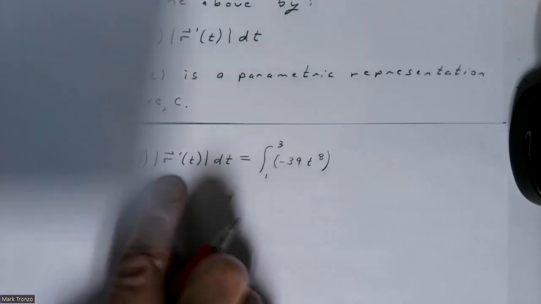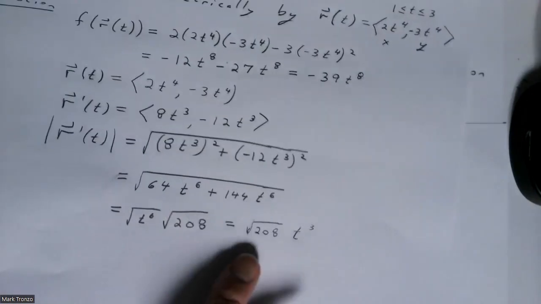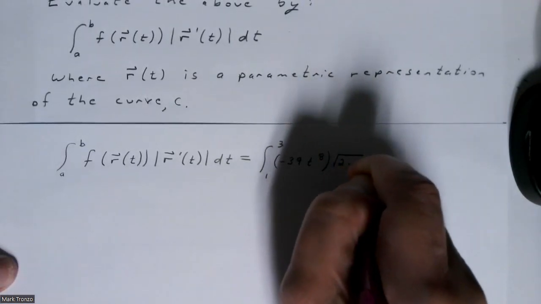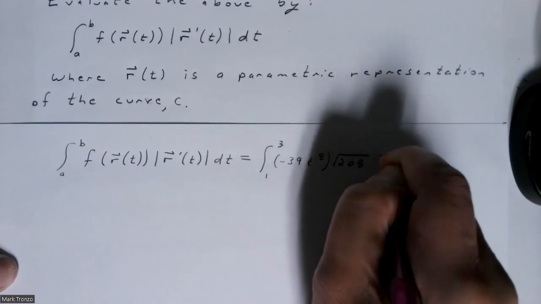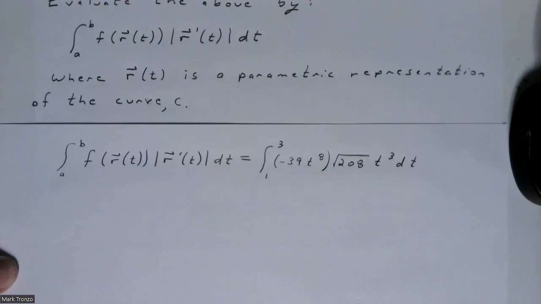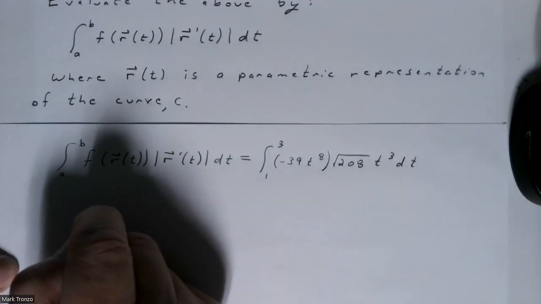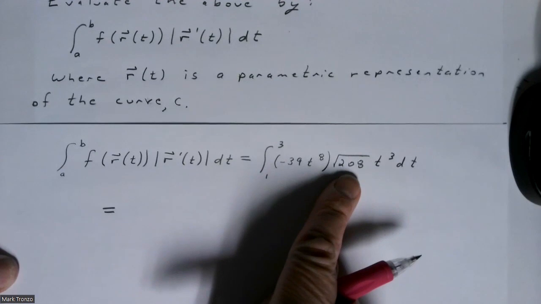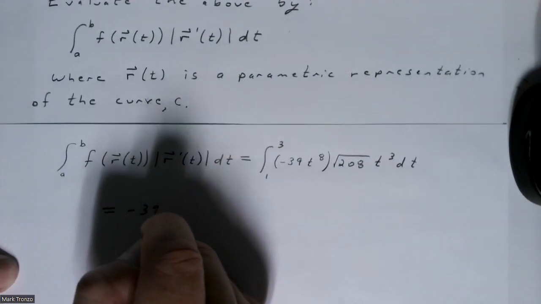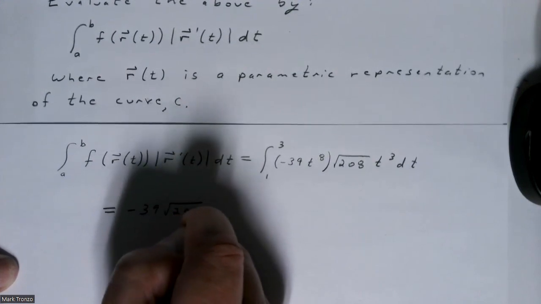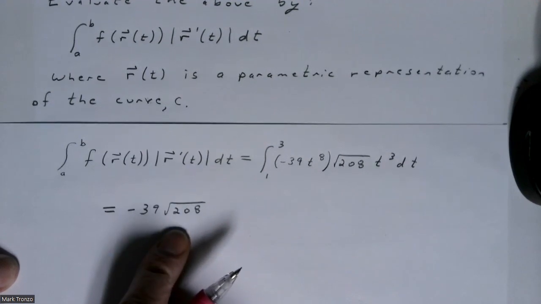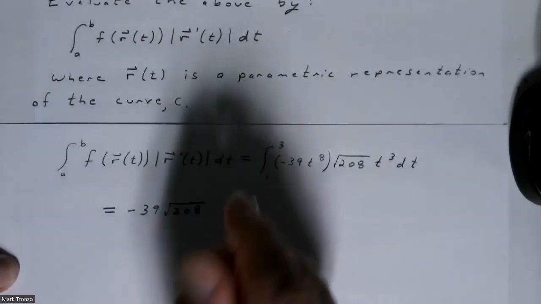And then our magnitude of r prime of t was the square root of 208 t cubed dt, like this. And of course, we can always pull our constants out front, negative 39. And since the square root is not a square root of a perfect square, we'll just keep it there.